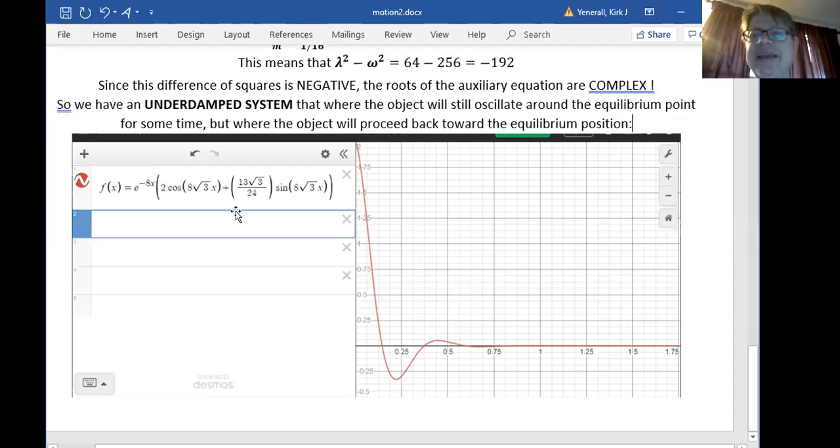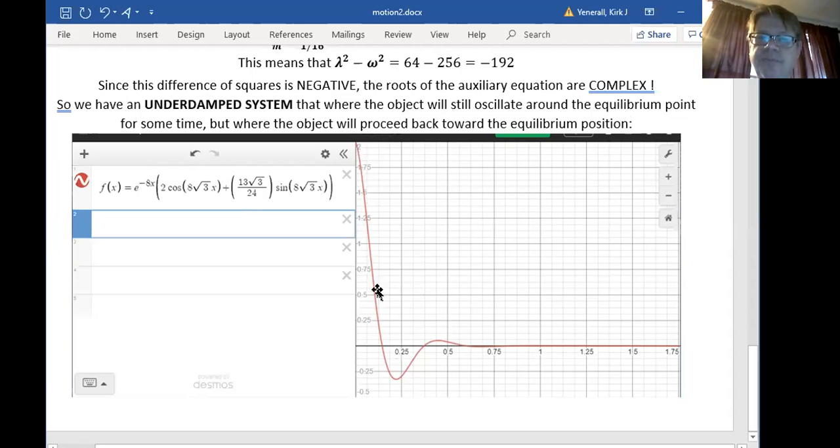But the key idea here is that we have this underdamped situation where our solutions are negative exponentials times sines or cosines. And because we have those sines and cosines, notice that when I've graphed it out here, we're going to see some oscillatory behavior.